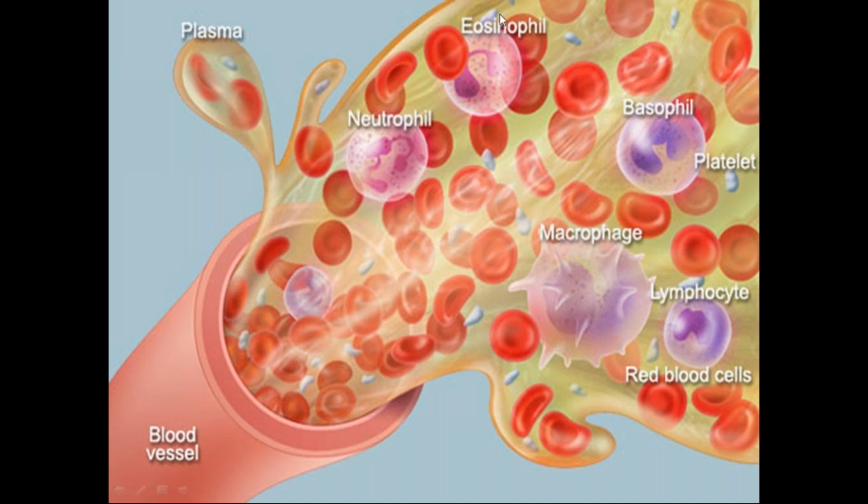Just आप देख लो यहाँ पे, इसमें eosinophil cells होते हैं, basophil cells, platelet cells, the macrophage cells, the lymphocyte cells, the red blood cells. So here are so many cells which are present. So your blood vessel has all these types of cells. We will study each and everything because it is very important for your exam.